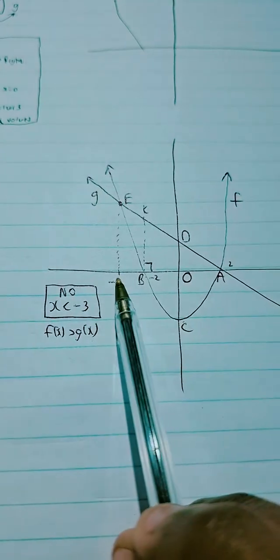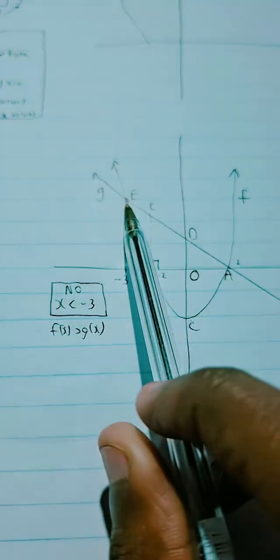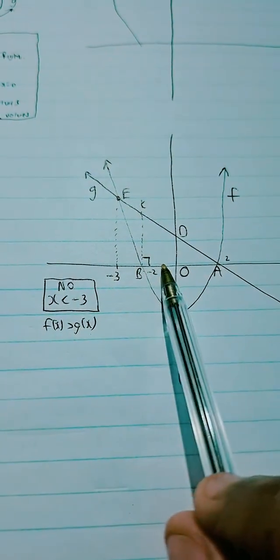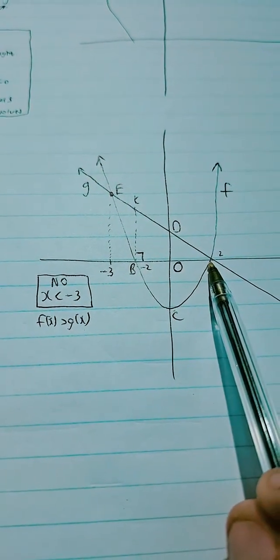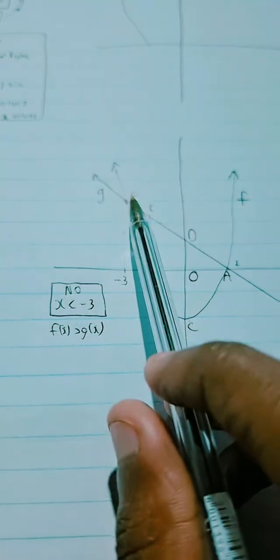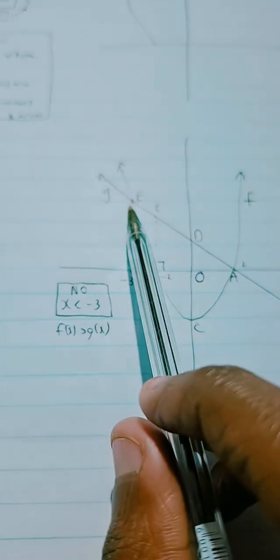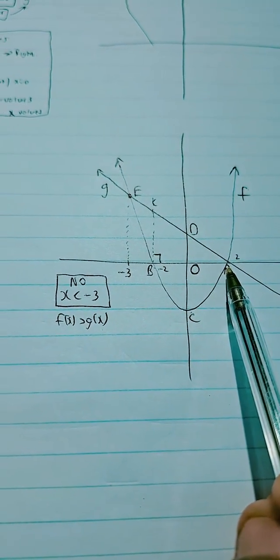From -2 to 0, it's still like that. From 0 to 2, it's still like that. So where are we having f being below g? It's from -3 all the way to +2.